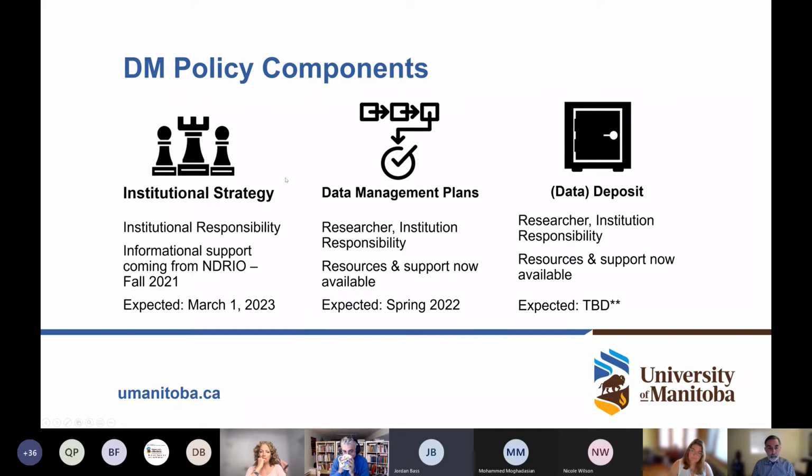The choice of repository may be guided by disciplinary expectations and the recipient's own judgment, but in all cases, the repository must ensure safe storage, preservation, and curation of the data. Data deposit will be reviewed by the tri-agencies after the institutional strategies have been completed. However, many researchers are already depositing their data in repositories, and that will continue. Data deposit is also a key element of any data management plan.